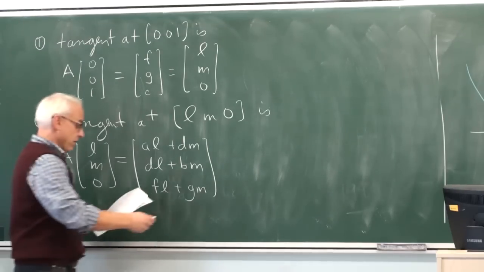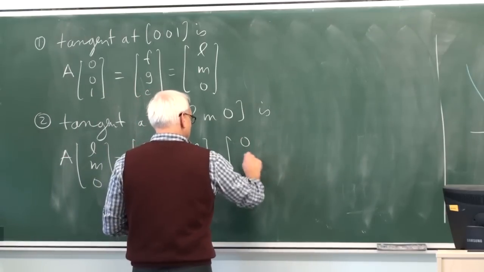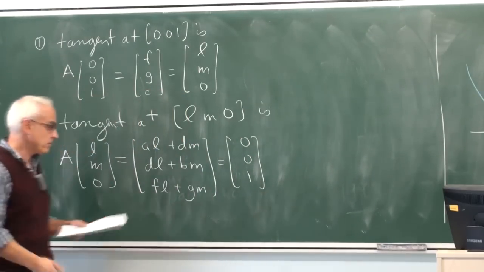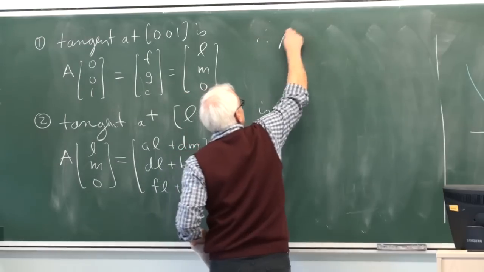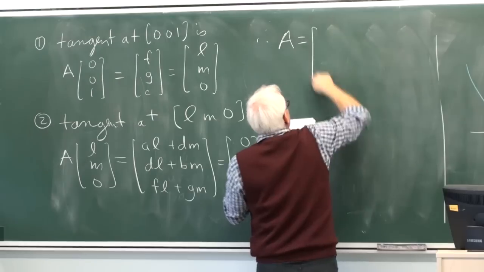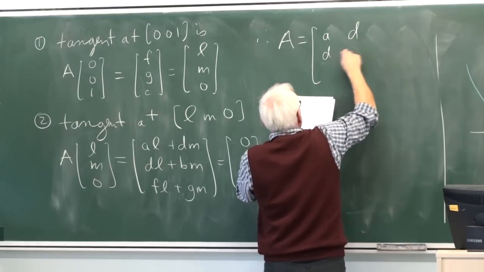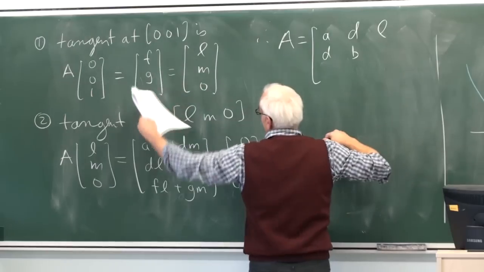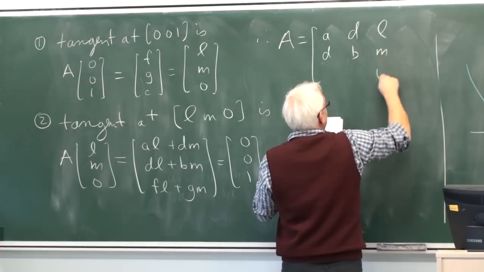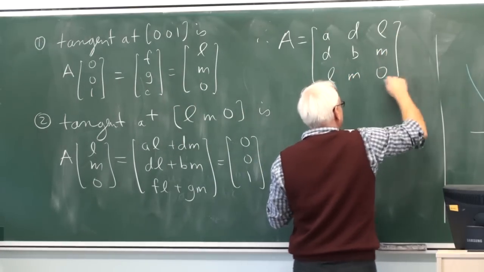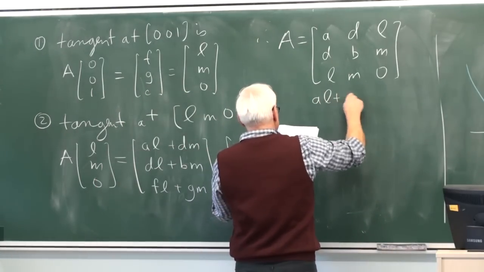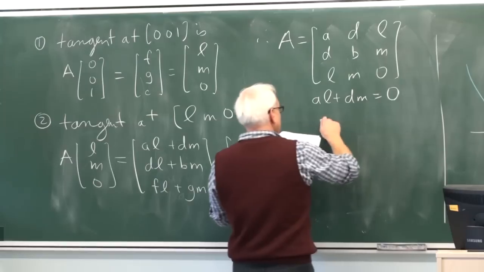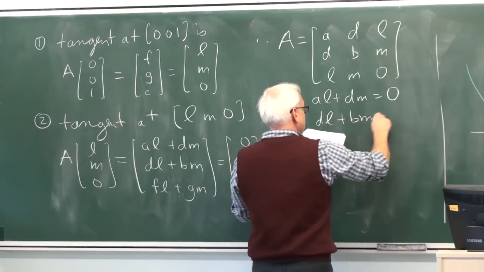The line at infinity has equation (0, 0, 1). So if we put these two conditions together, we find that the matrix A has to have the form A, D, D, B. And now we can just replace the last column with L, M, and 0, and the last row with L, M, and 0, with the additional conditions that AL plus DM equals 0, and DL plus BM equals 0.